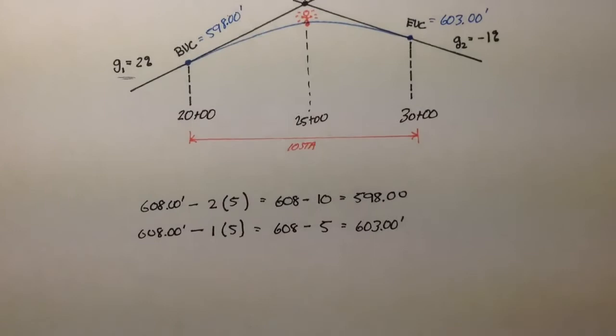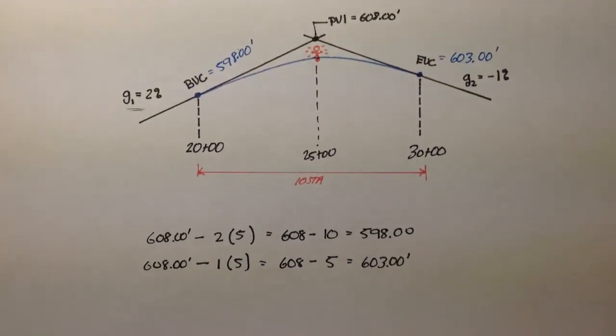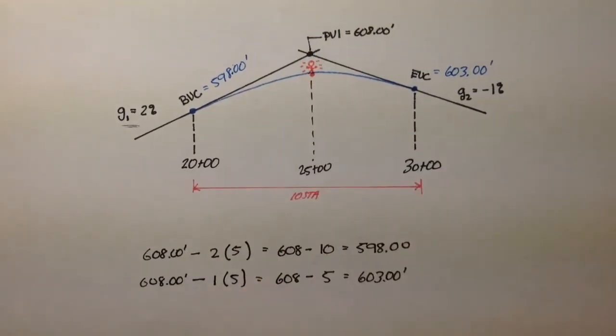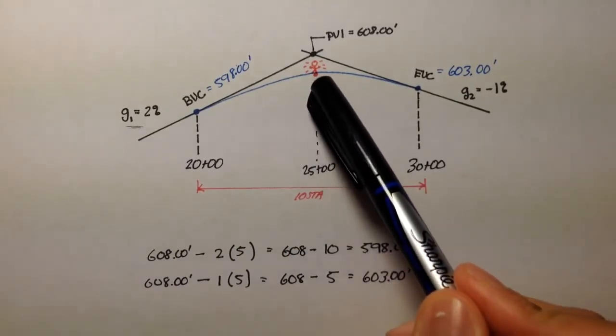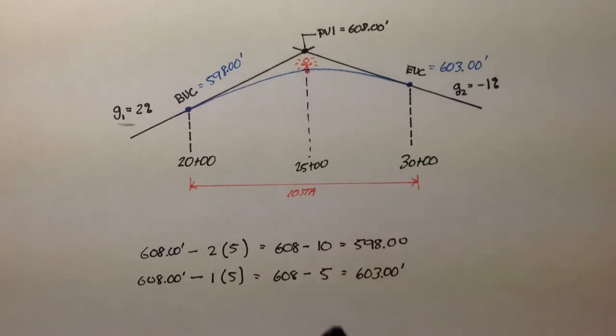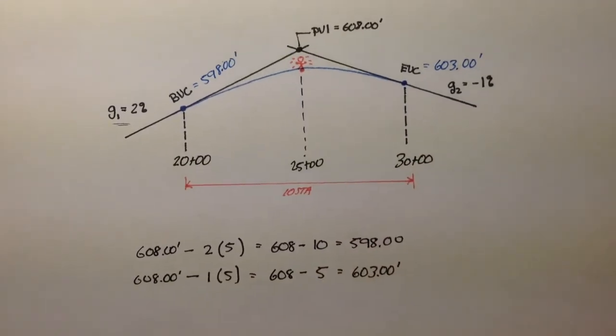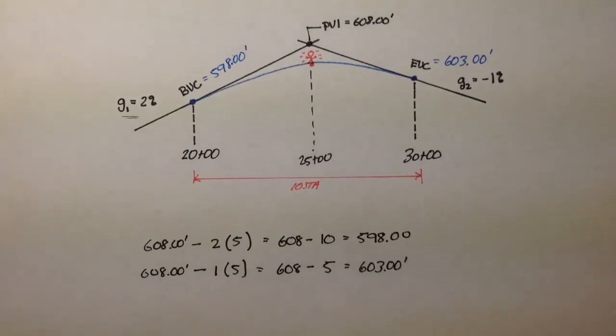Our second question, which pertains to the vertical curve itself, is to figure out the elevation of this point. Let's say Simi was standing at that point right there. See, that's me. We want to figure out the elevation of that point along this vertical curve. We discussed in the last several videos that we have an equation for that.